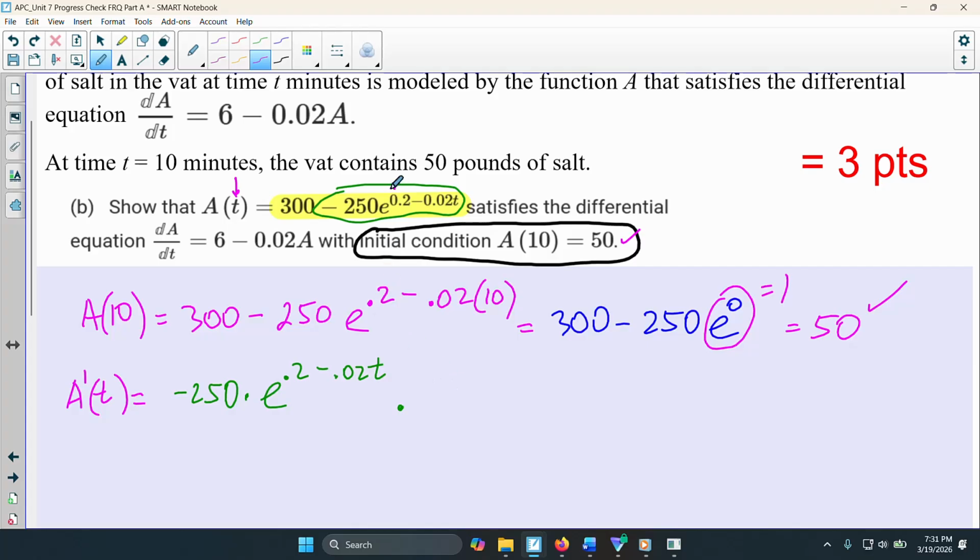Well, what's the derivative of this? Again, that's a constant, that's going to go away. And the derivative of that is negative 0.02, right? It's straightforward power rule. Okay. Well, how does this look like this?